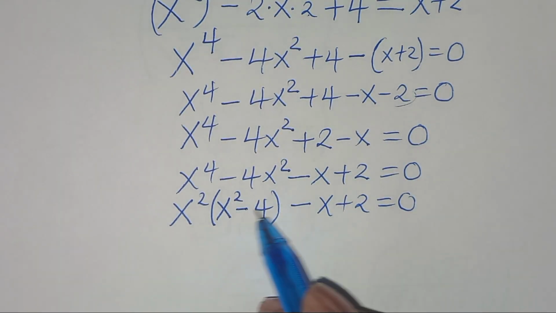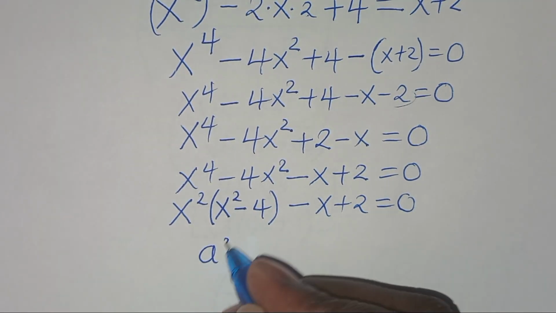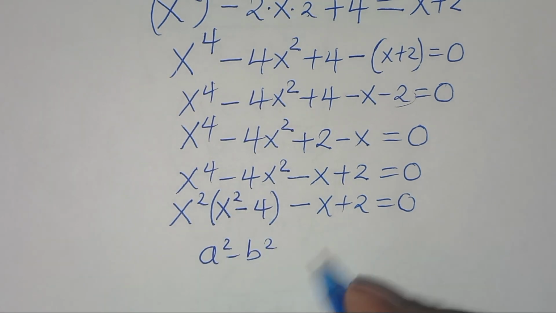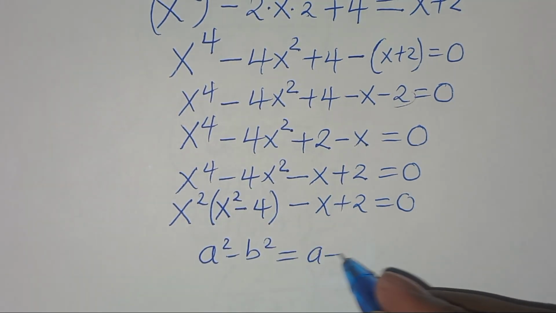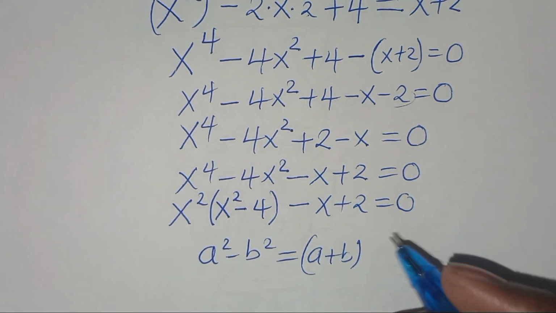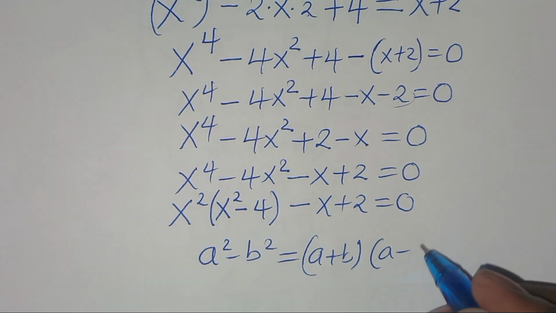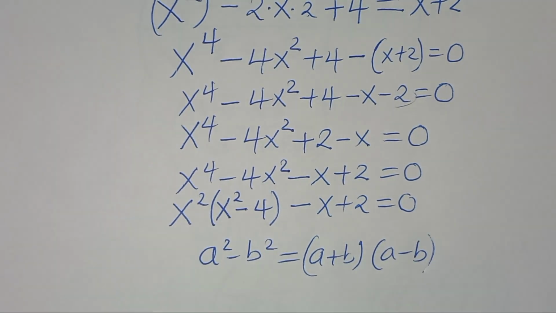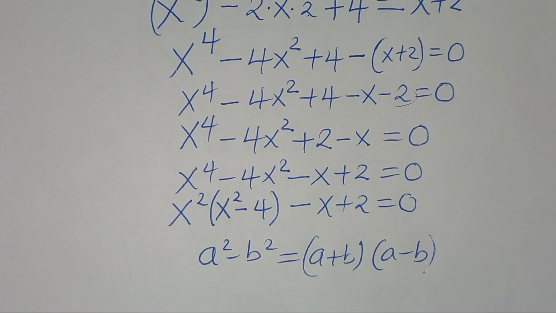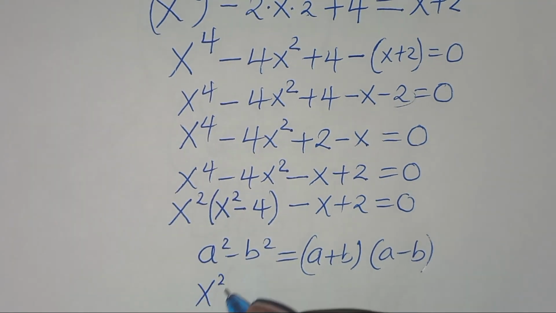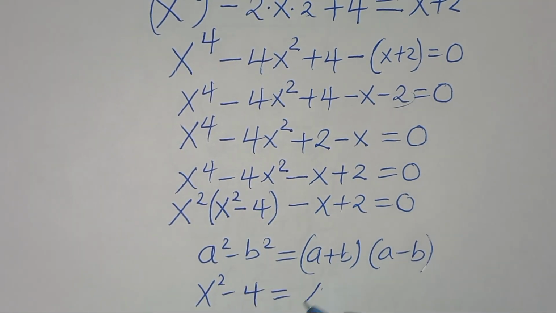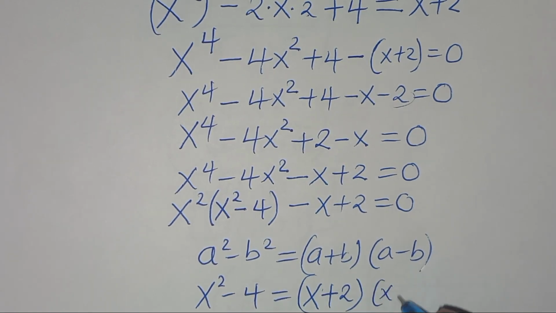Now, x^2 - 4 is in the form of a^2 - b^2, which we can express as (a + b)(a - b). That implies that x^2 - 4 is the same thing as (x + 2)(x - 2).